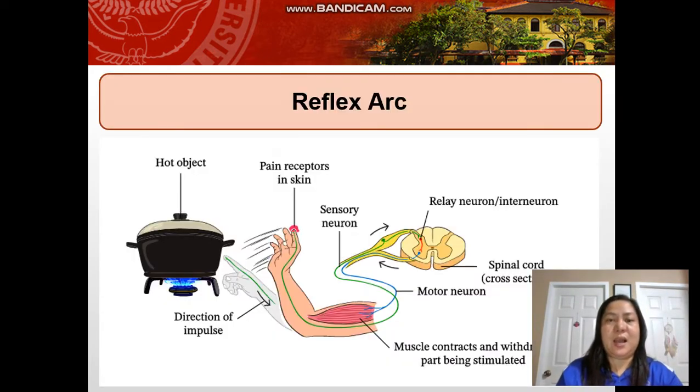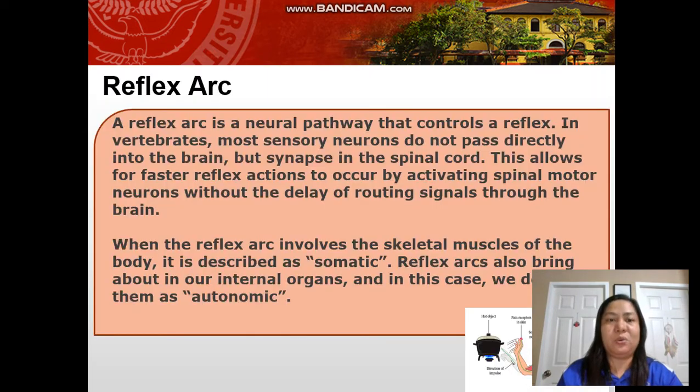Now the reflex arc has a structure na magagamit natin doon sa pag-explain sa ating stimulus to response. Reflex arc is a neural pathway that controls a reflex.